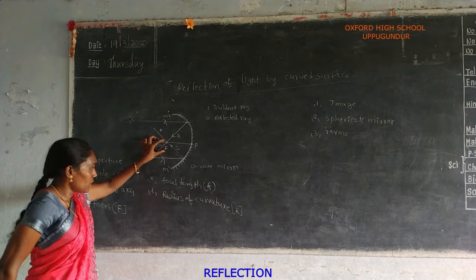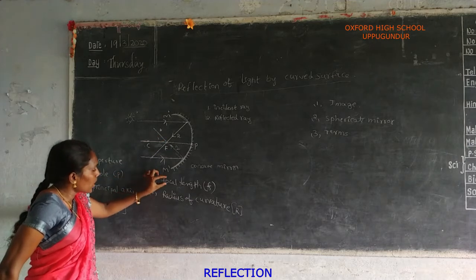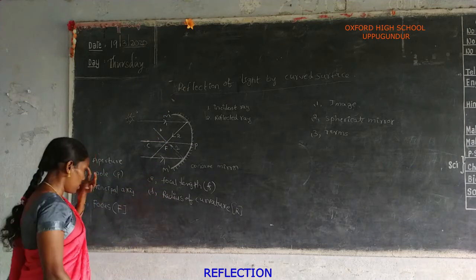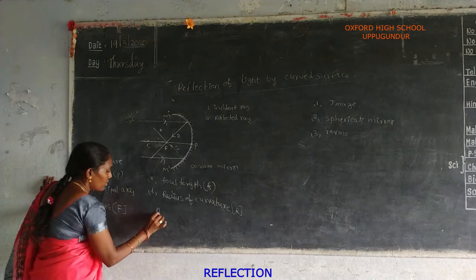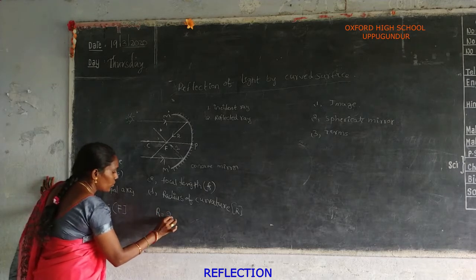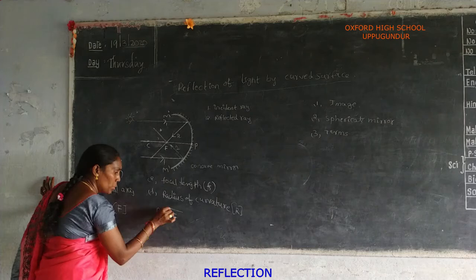By using this, the relation between focal length and the radius of curvature is: the radius of curvature R is always equal to twice the focal length of any mirror.